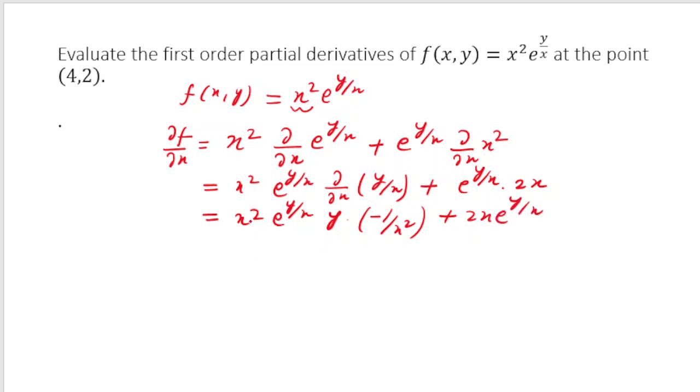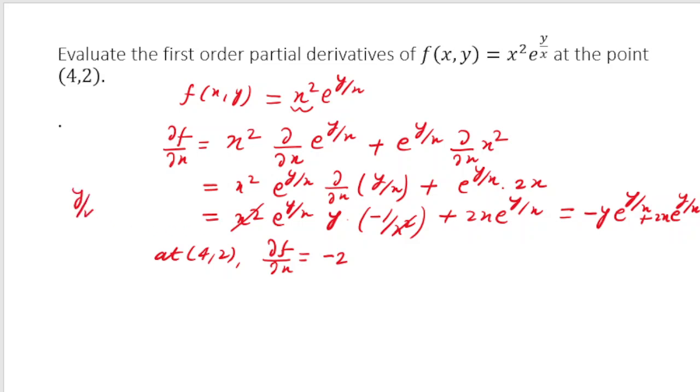So let us do simplification. This x square and this x square is cancelled, and I get minus y e to the power y by x, and I get plus 2x e to the power y by x. So at the point 4, 2, what is del f by del x? So the value of y we take is 2, and e to the power y by x.